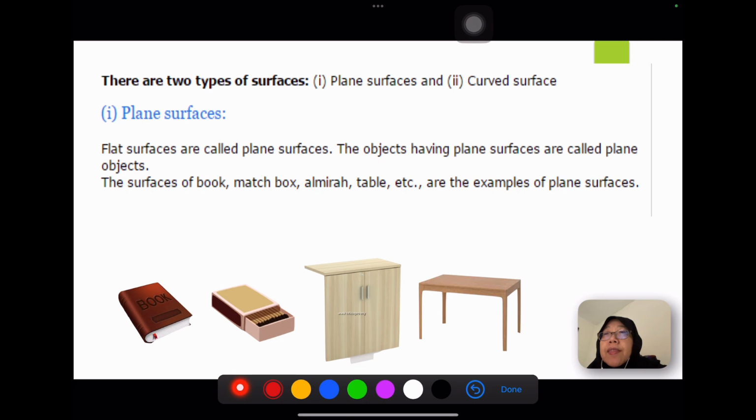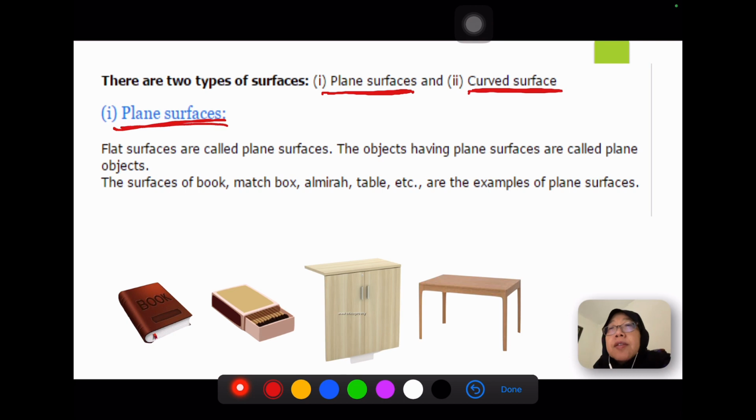There are two types of surfaces. We have the plane surface, and then we have the curved surface. Plane surfaces are called flat surfaces. The geometrical term is plane surfaces. Plane means flat, so objects having plane surfaces are called plane objects.